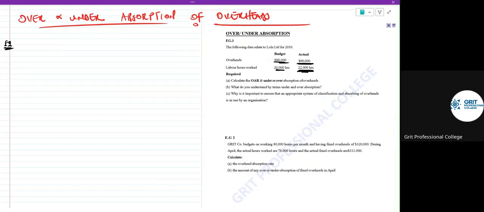What that means is that if we had actually used 18,000 labor hours, then our cost would have been lower. So the activity level, which is the labor hours we planned to work, being different from the actual hours which we used, means that their resultant costs will also differ.